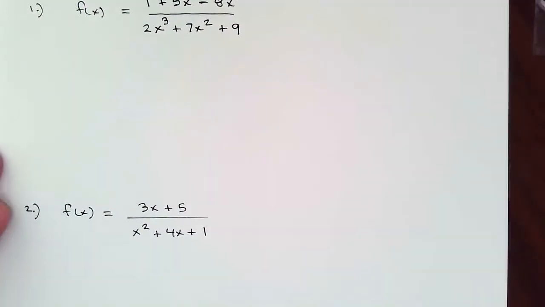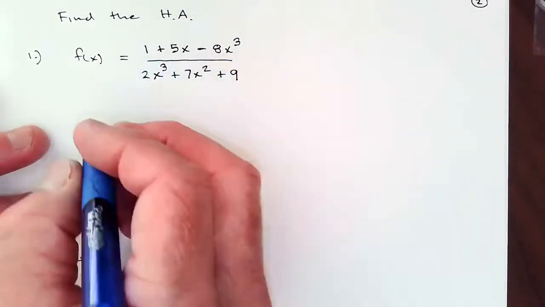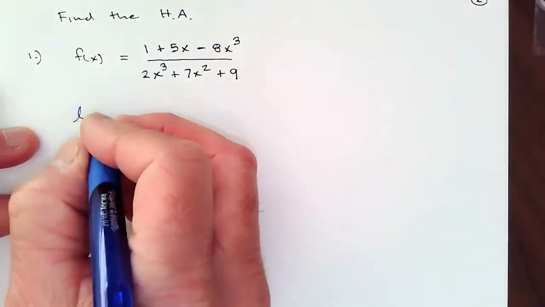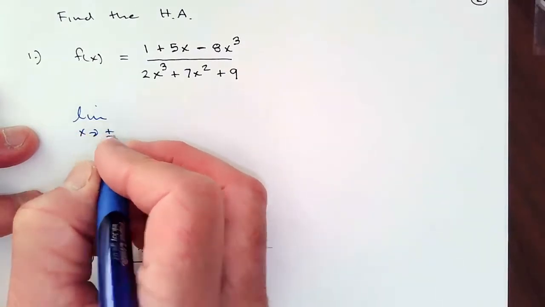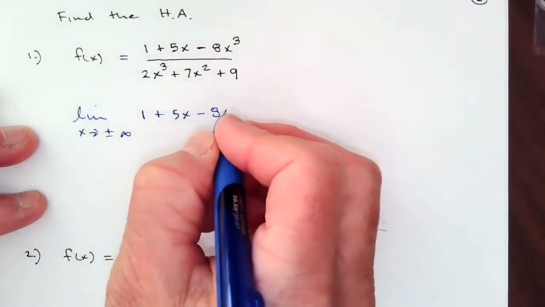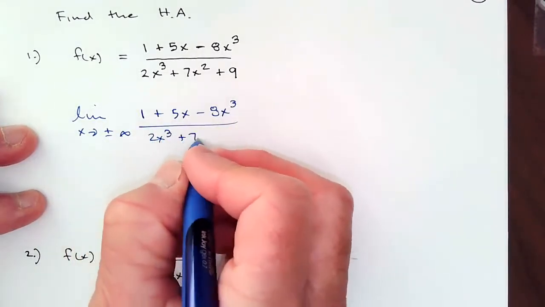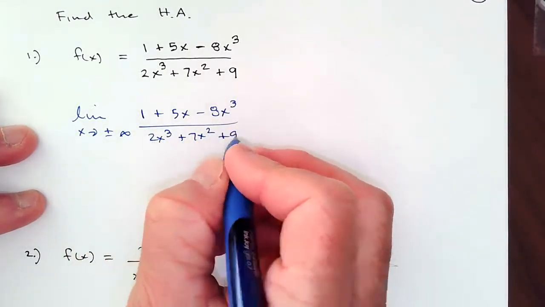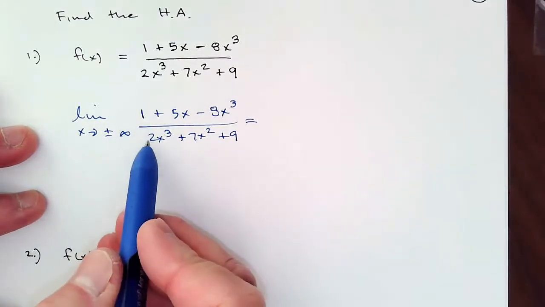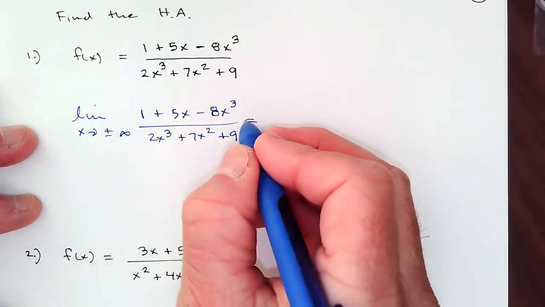So if I was trying to find the horizontal asymptote of this function, I'm thinking about the limit as x goes to plus or minus infinity. Okay, we can now just focus on the largest term in the top and the largest term in the bottom.